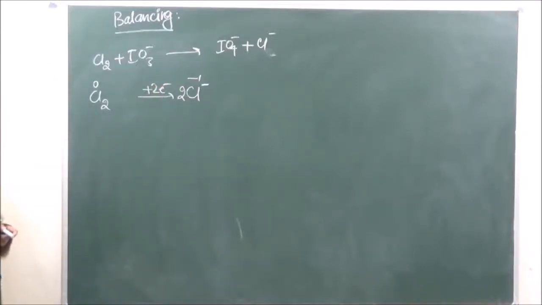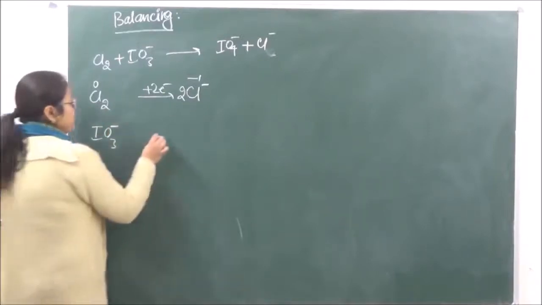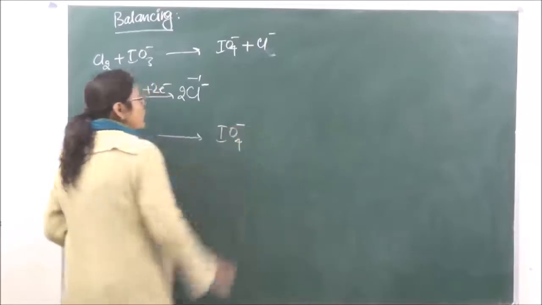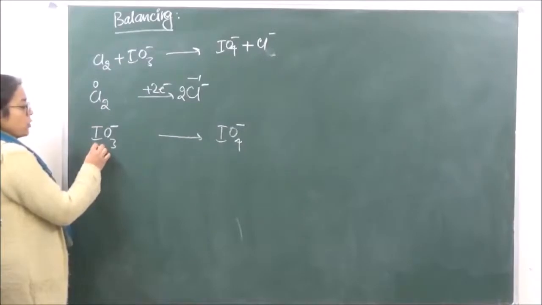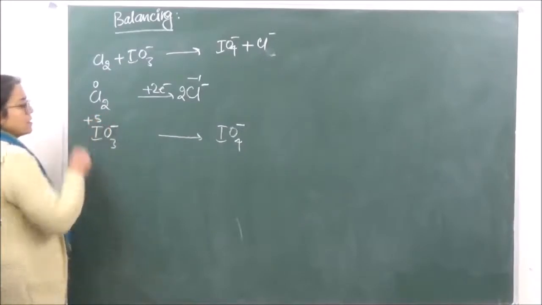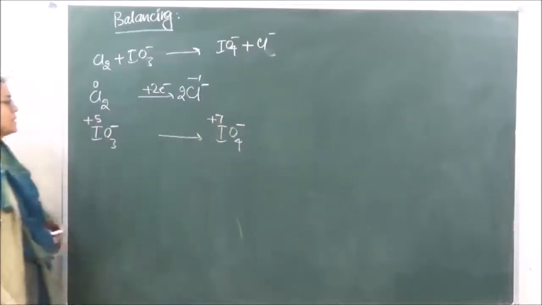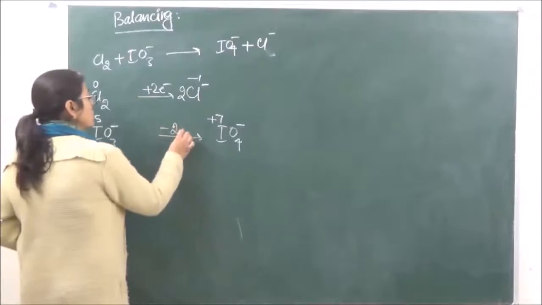Okay, so this is our balanced equation. Let's go on to IO3 negative to give us IO4 negative. So over here the oxidation state is going to be plus 5. And over here the oxidation state is going to be plus 7. Number of electron exchange is minus 2.